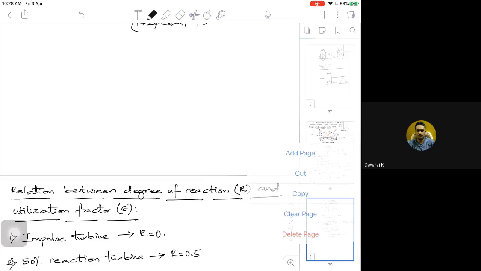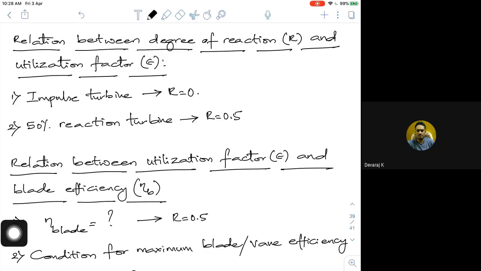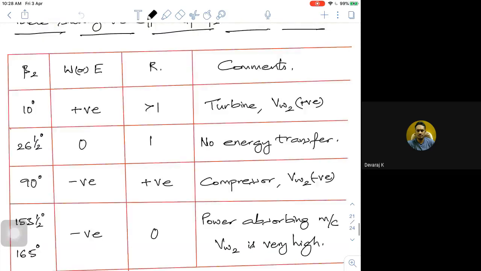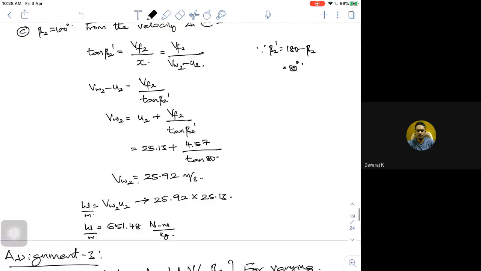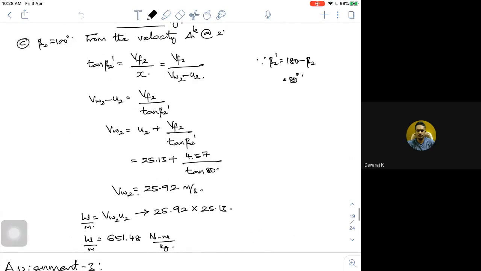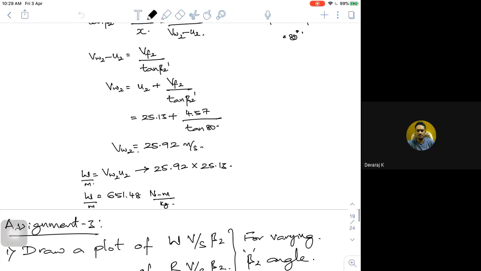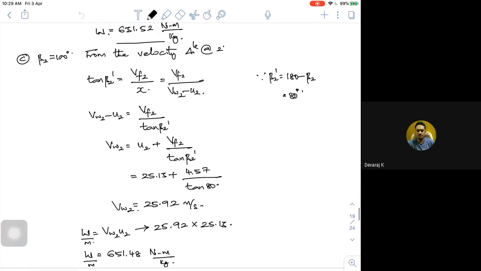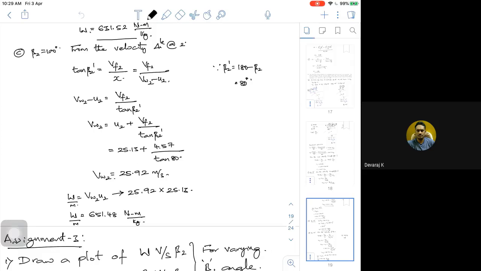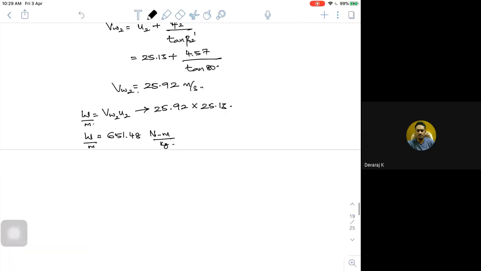So similarly, we have one more special case for a compressor or a pump. That is in terms of work done. So what is it actually?